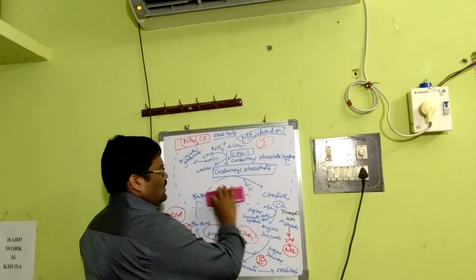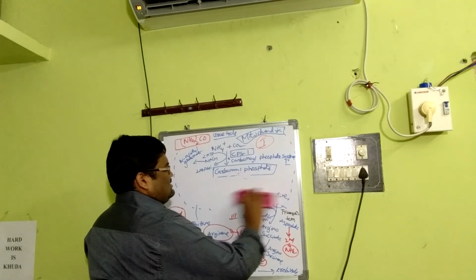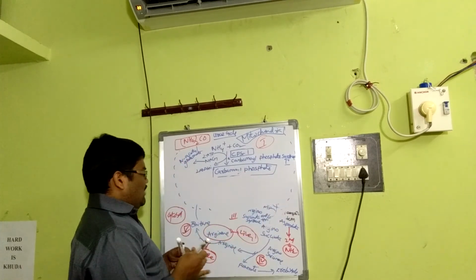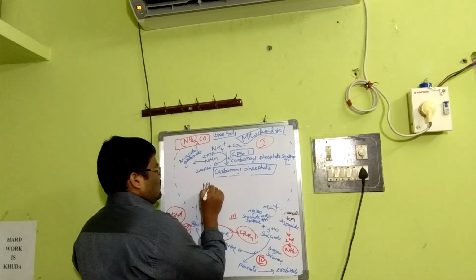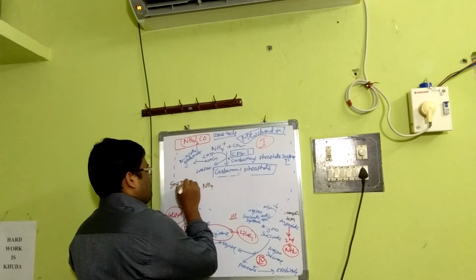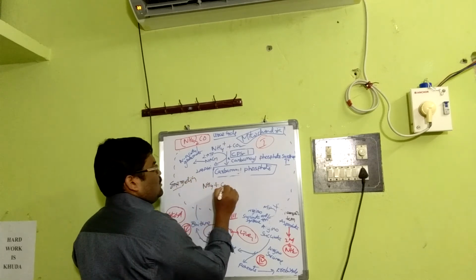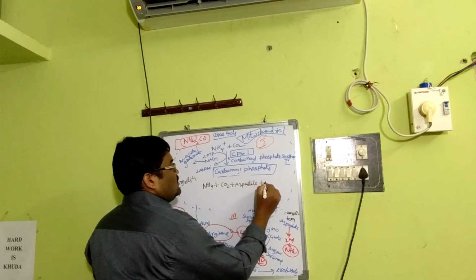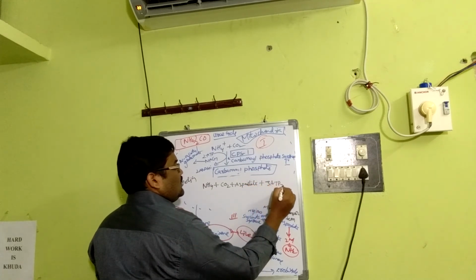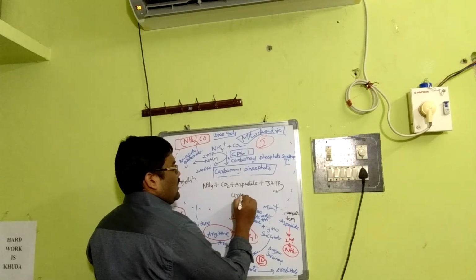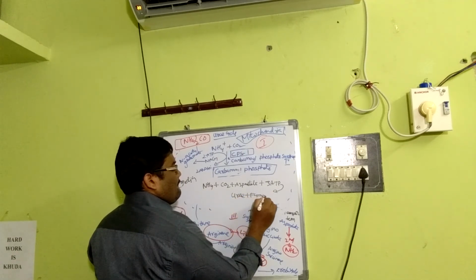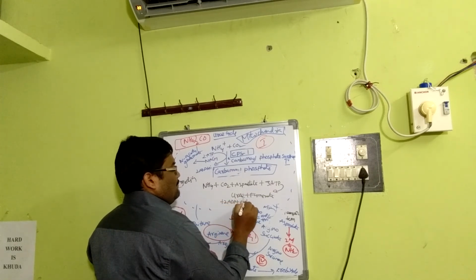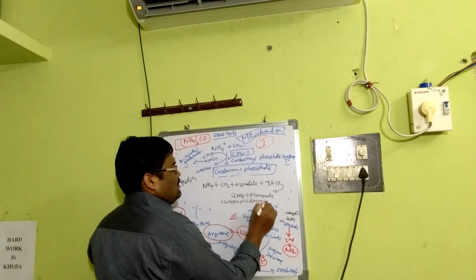I am writing here, just for understanding. We all discussed that NH4 plus, plus CO2, plus aspartate, plus 3 H2O, plus 3 ATPs, leads to urea plus fumarate plus 2 ADP plus Pi plus AMP plus PPi, pyrophosphate.